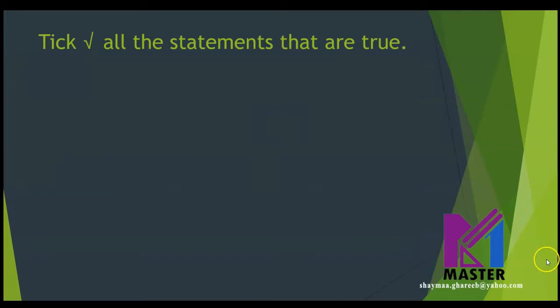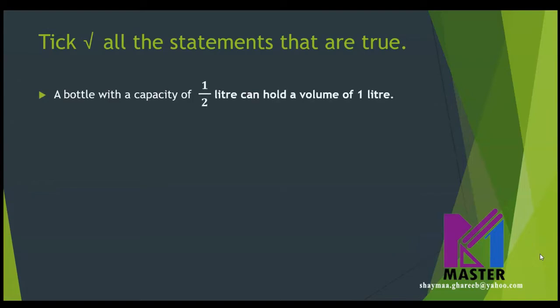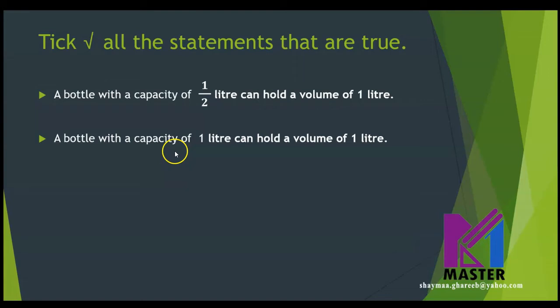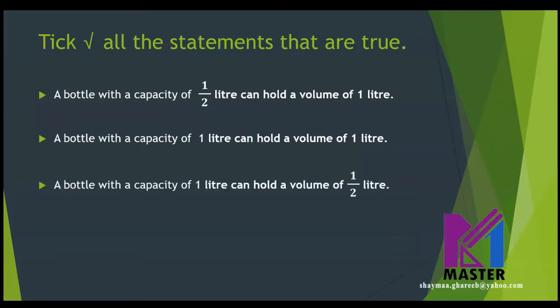Now, let's read these statements and find out which one is true. A bottle with a capacity of half liter can hold a volume of 1 liter. A bottle with a capacity of 1 liter can hold a volume of 1 liter. A bottle with a capacity of 1 liter can hold a volume of half liter. What do you think?